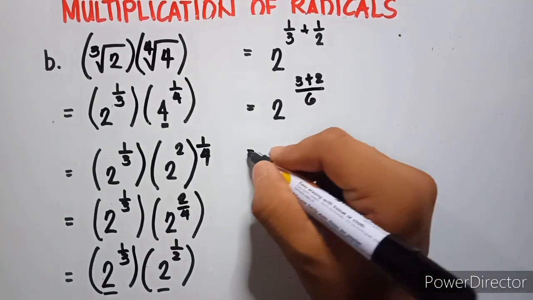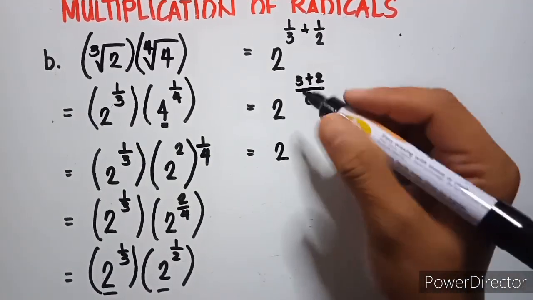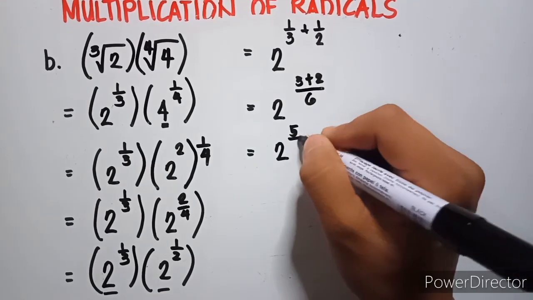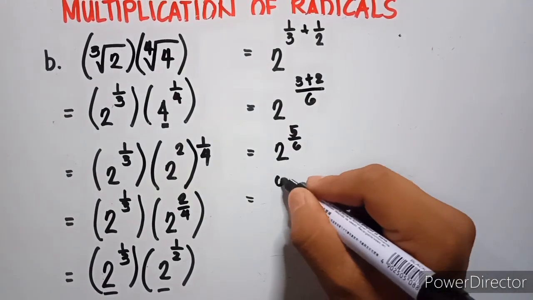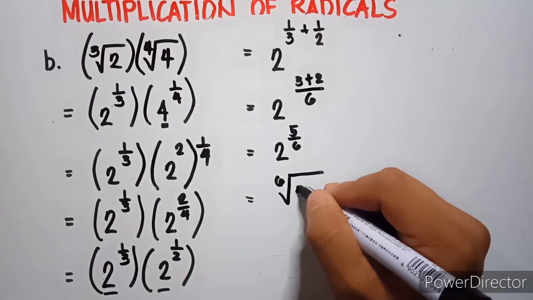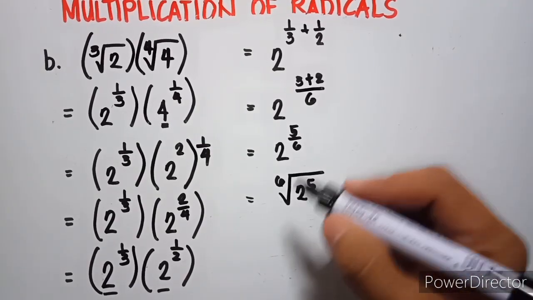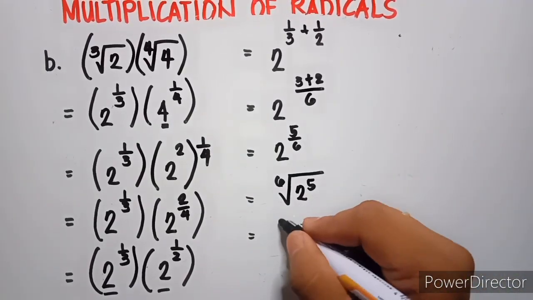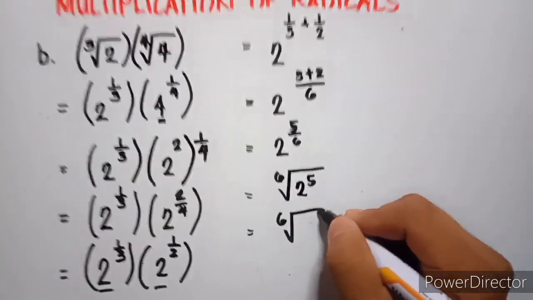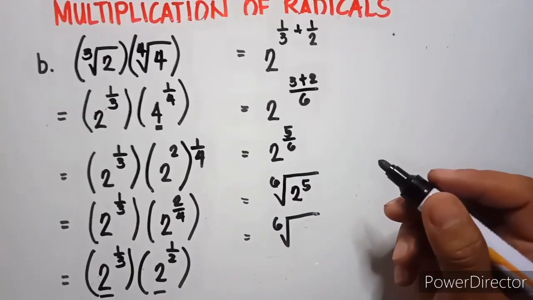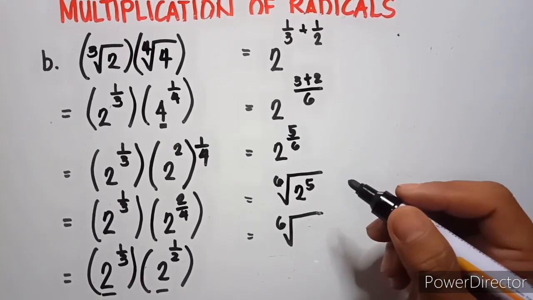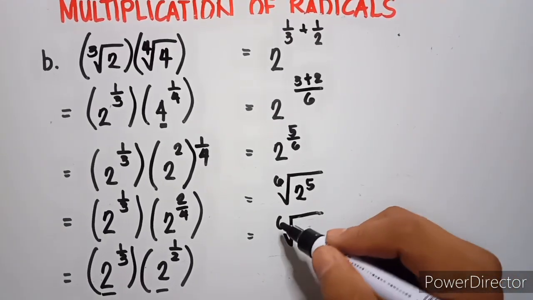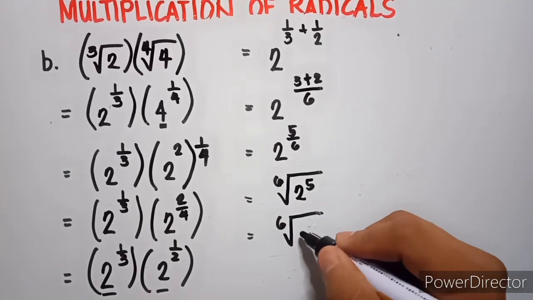So the answer is 2 raised to 5 over 6. Or we have 6th root of 2 raised to 5, equal to 6th root of 32.